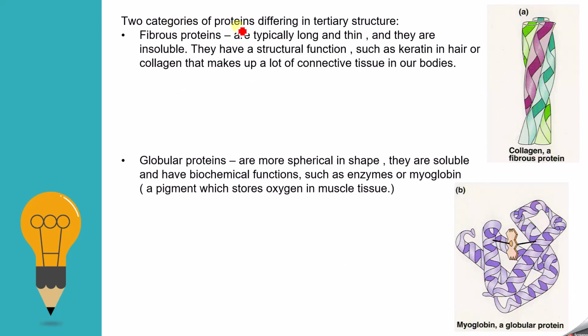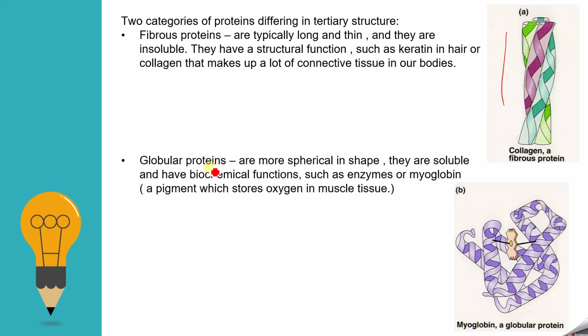You have two categories of proteins differing in tertiary structure. You have fibrous proteins, which are long and thin, and they are insoluble. They have a structural function, such as keratin in hair or collagen that makes up a lot of connective tissue in our bodies. Obviously, you don't really need to know this, but it's a good idea to have a basic idea of what these two different types of proteins are.